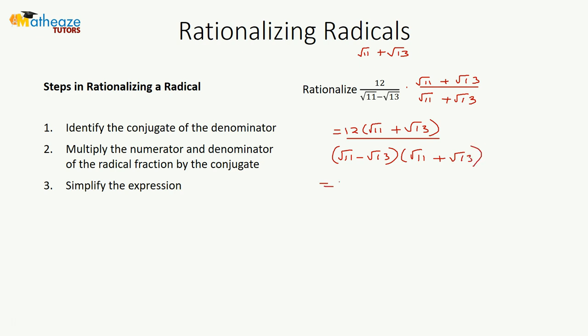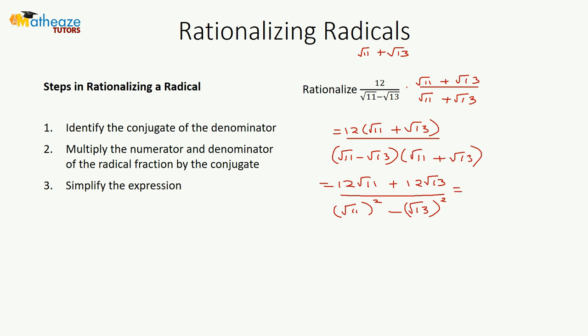So this is going to give us 12 square root of 11 plus 12 square root of 13 divided by square root of 11 squared minus square root of 13 squared.